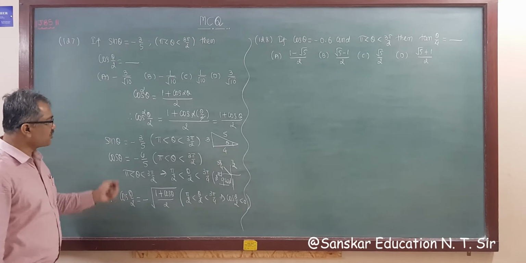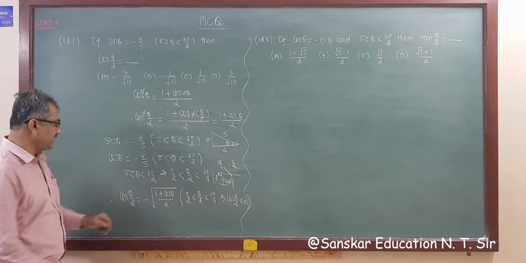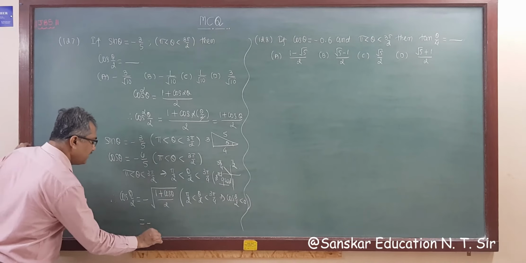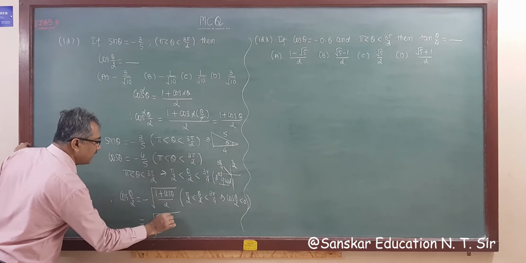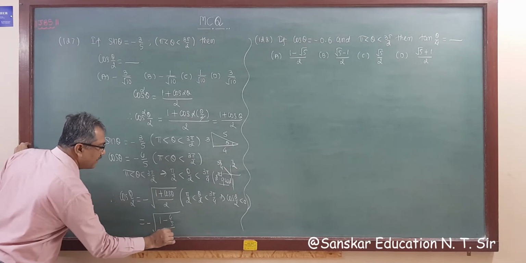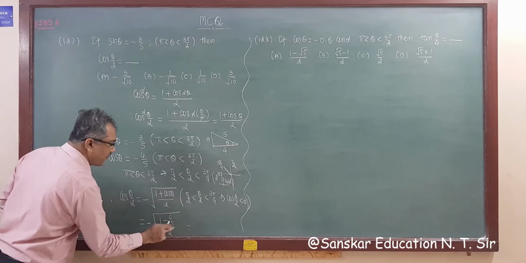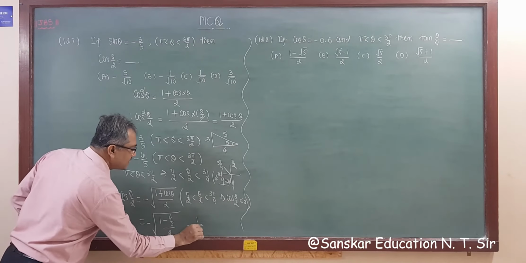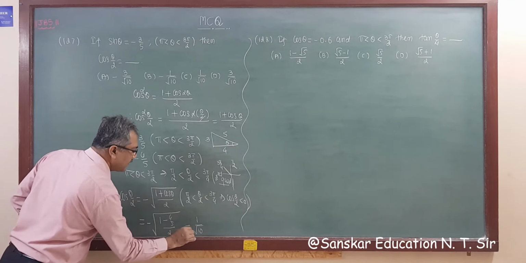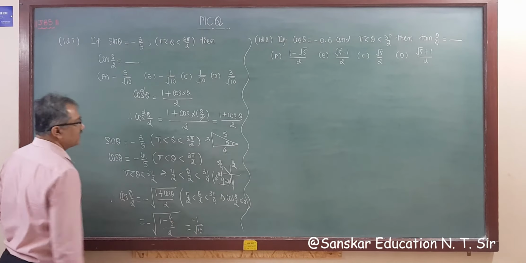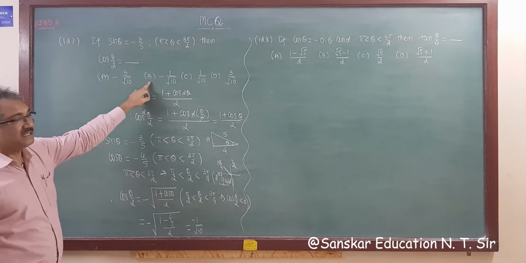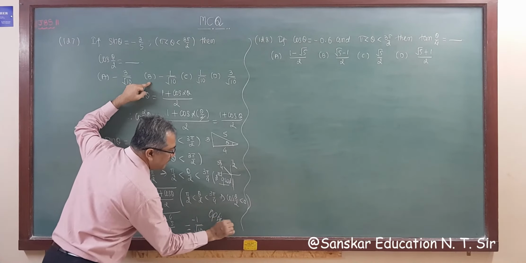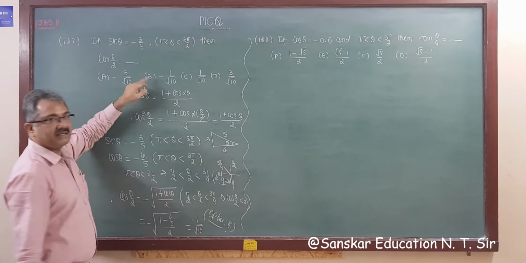Now cos theta is minus 4 by 5, so substituting this value, what we get is minus square root of 1 minus 4 by 5 divided by 2, taking LCM, 5 minus 4 is 1, so this is 1 upon 5 into 2 is root 10. And this is minus, so minus 1 upon root 10, that is option B is your correct answer. So option B is your correct answer, right?